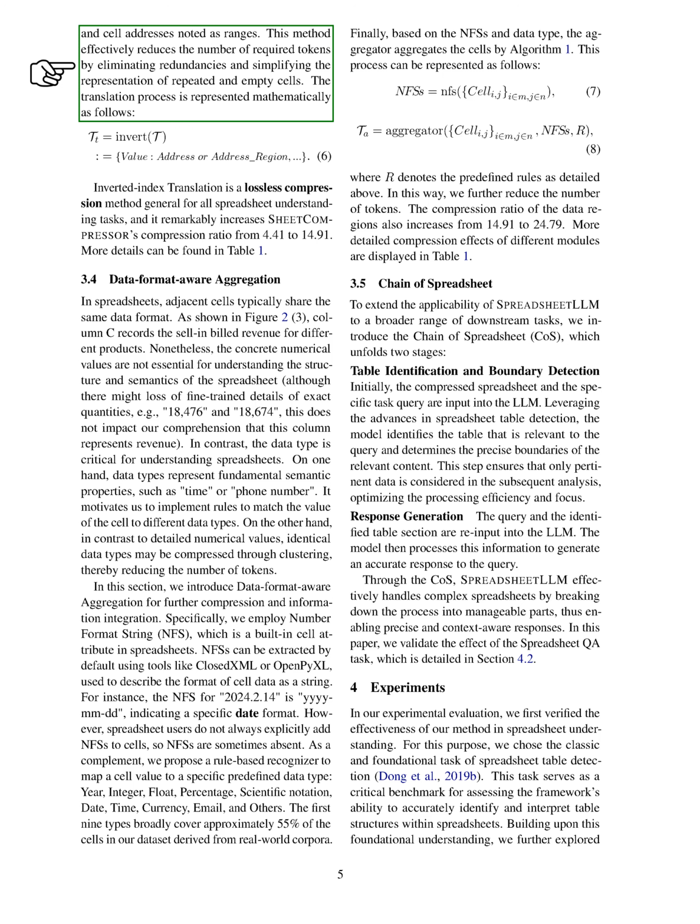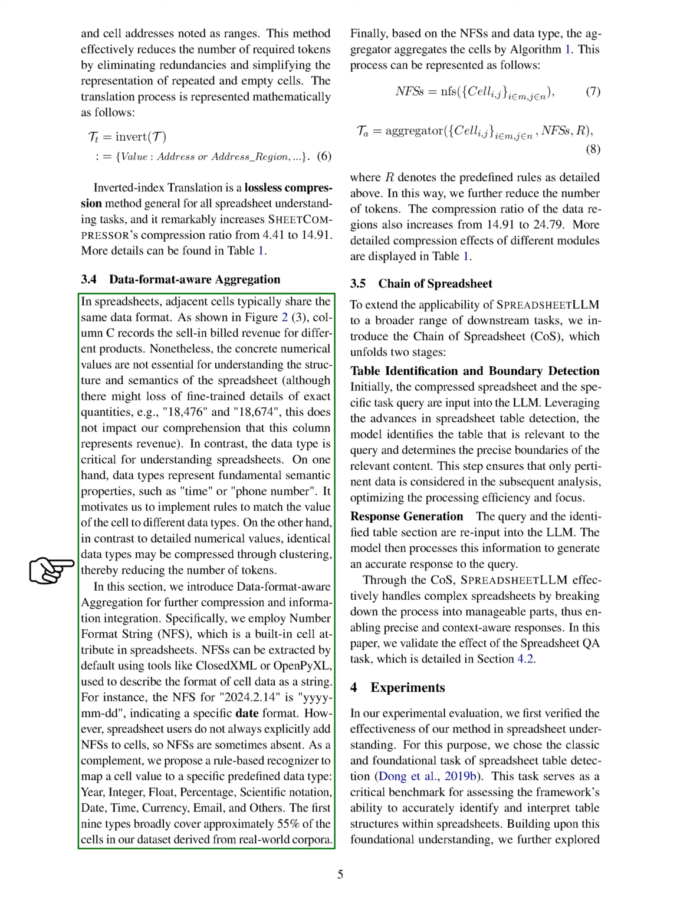This approach helped reduce the number of tokens required by removing redundancies and simplifying the representation of repeated and empty cells. This translation process significantly improved the compression ratio of SHEETCOMPRESSOR from 4.41 to 14.91.